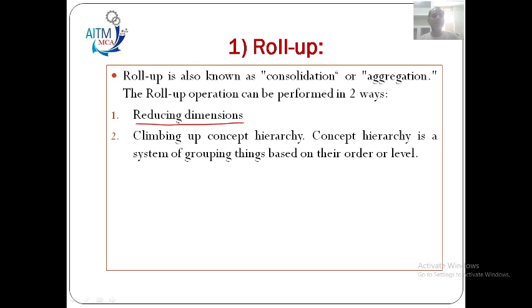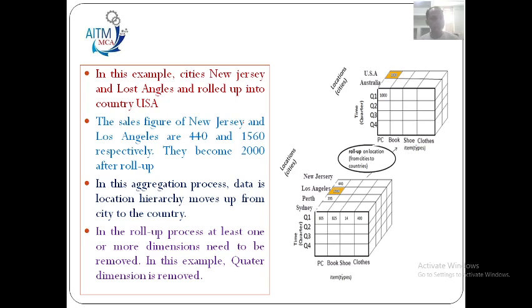We'll see one example now. In this example, these are the cities. New Jersey is a city, Los Angeles is also a city, Perth is also a city, and Sydney is also a city.